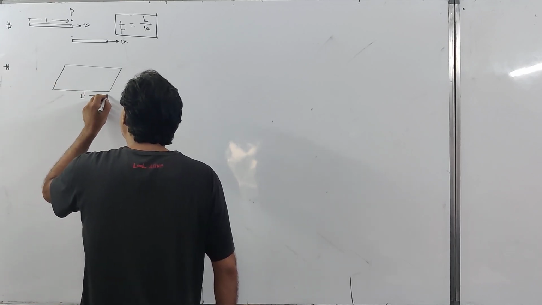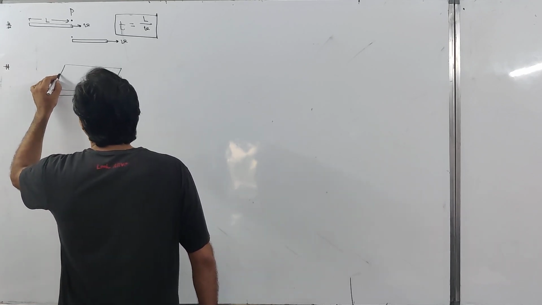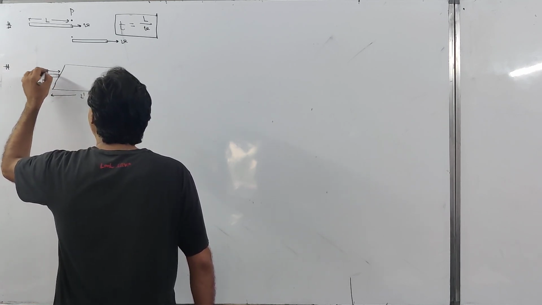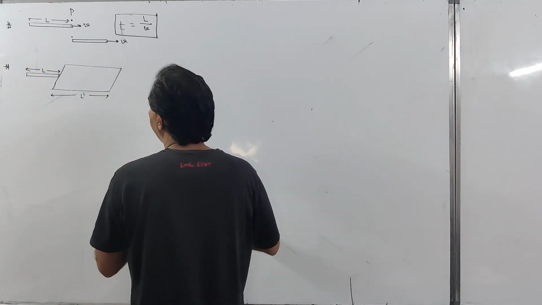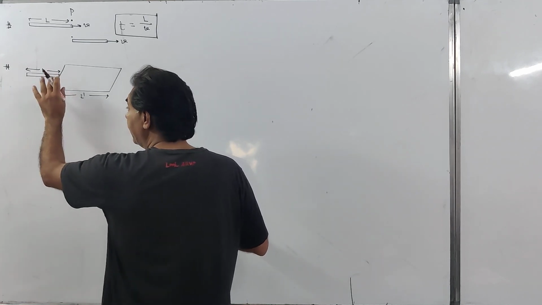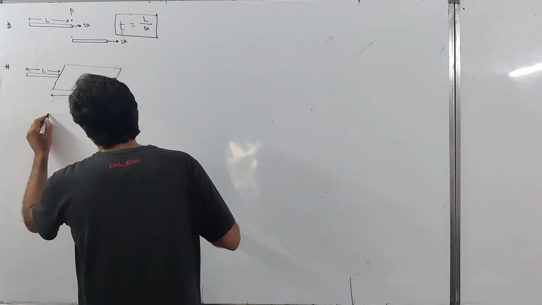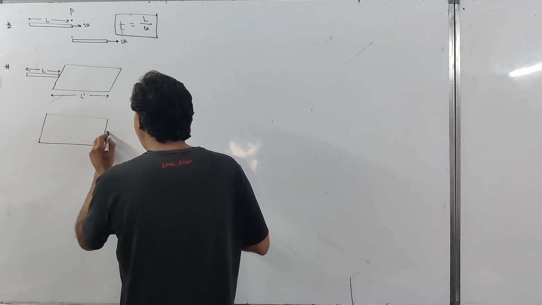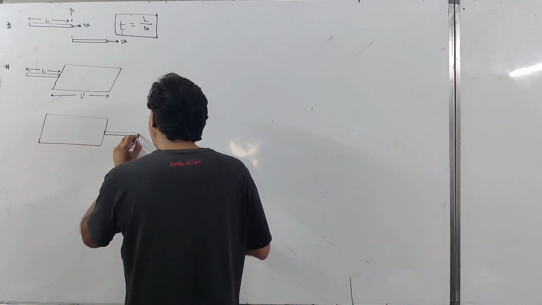On the other hand, if we have this length L dash, this is the bridge, and this is the train coming here. This is where your time starts. And the train passes by.